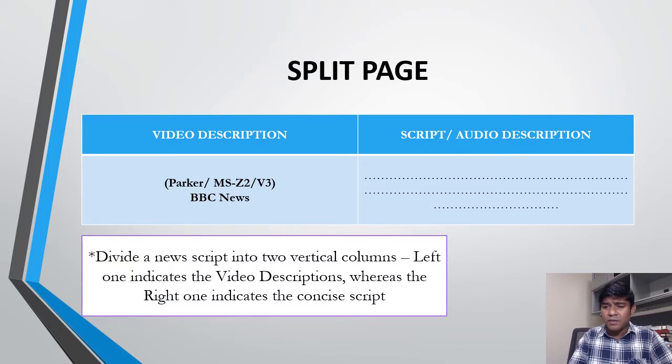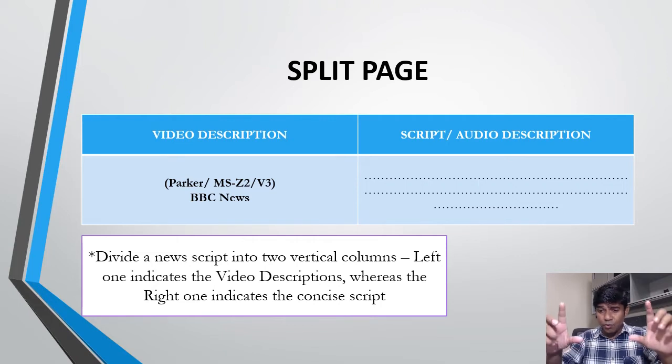Now let us also try to understand how a broadcast copy looks at the end when we write it. When a news presenter or anchor sits for broadcasting that news, how does it look?